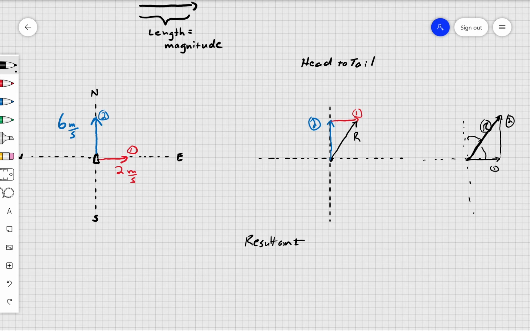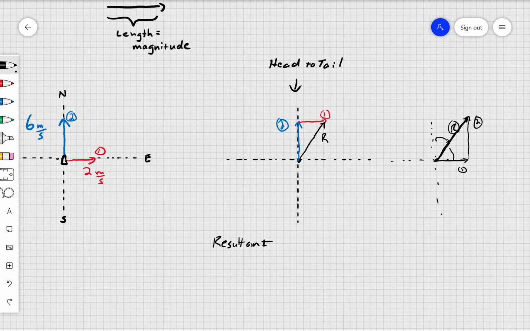So if we look at this example in the center, where I started with vector 2, now that I have the resultant, and I know that vector 2's magnitude was 6 meters per second and vector 1's magnitude was 2 meters per second, these are just two sides of a right triangle.